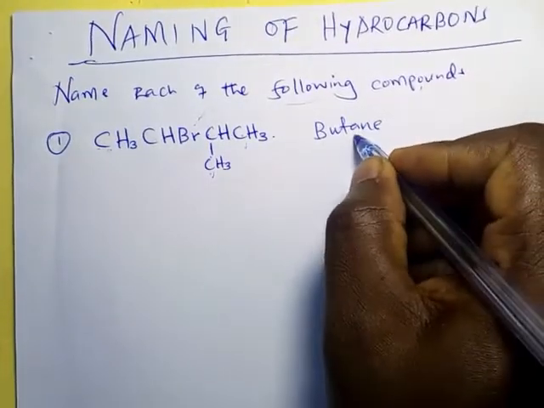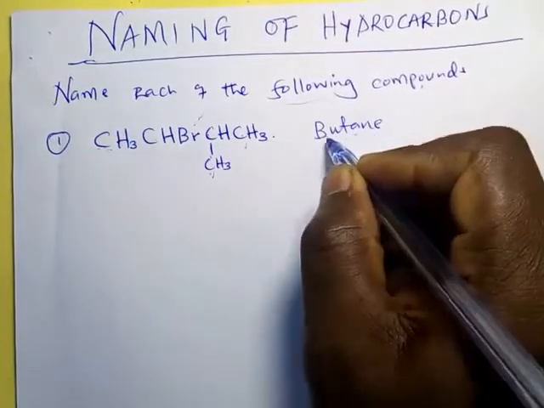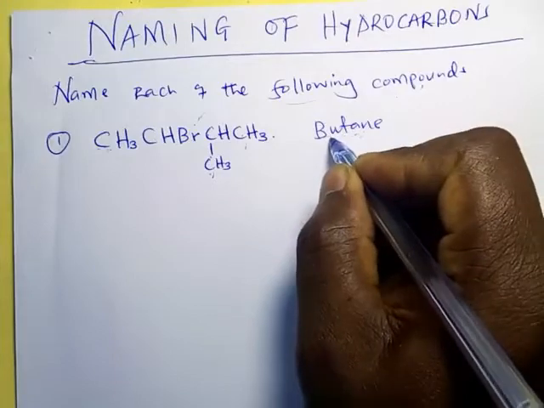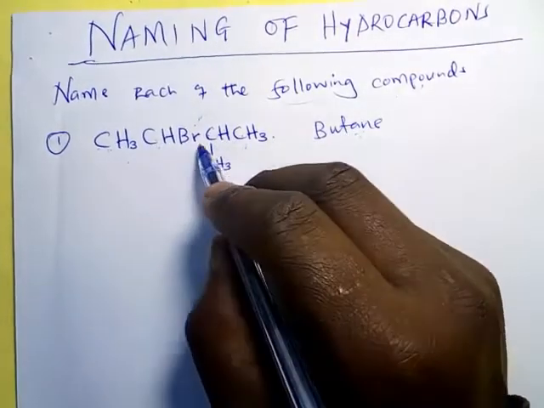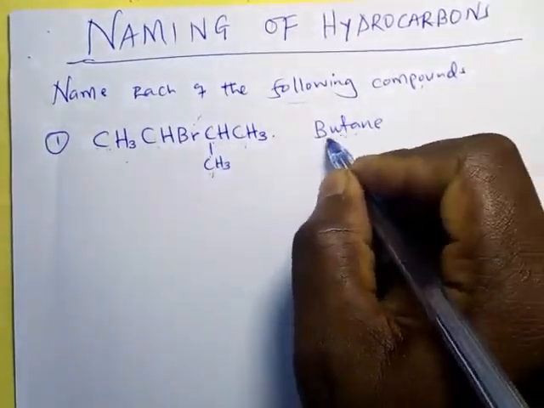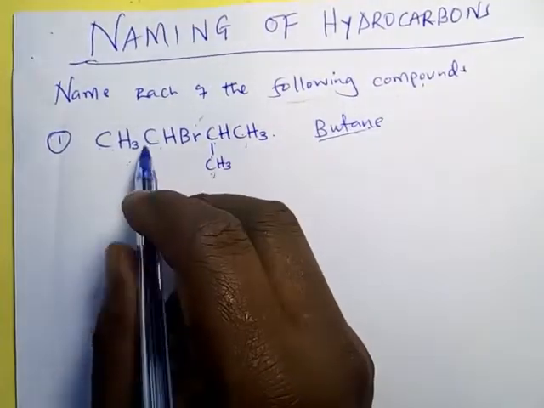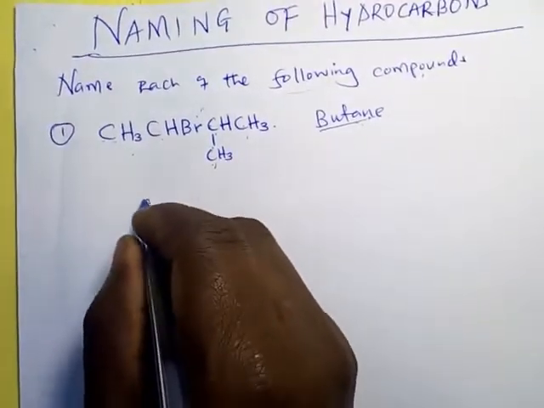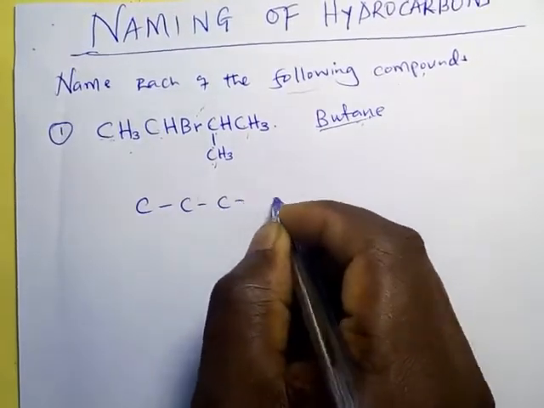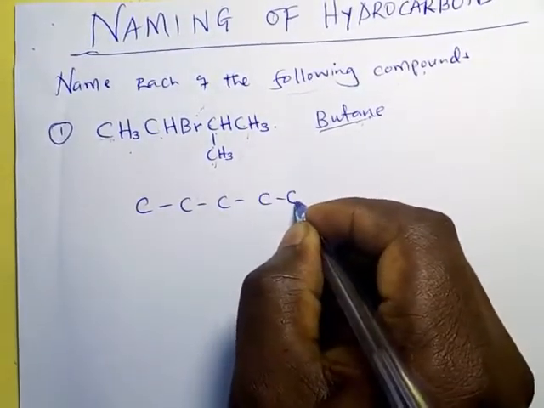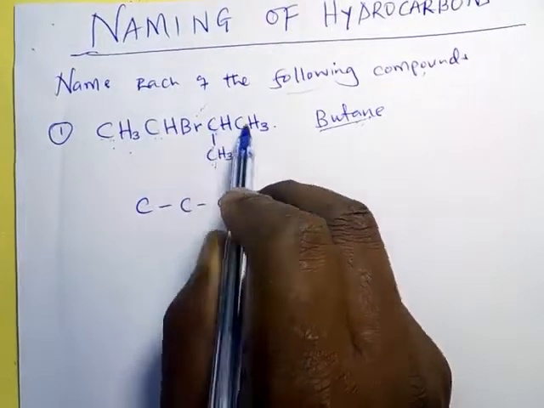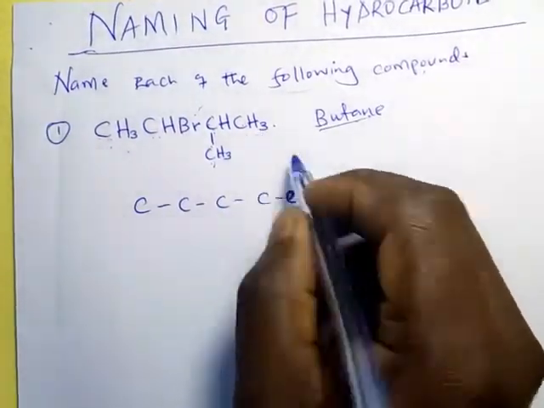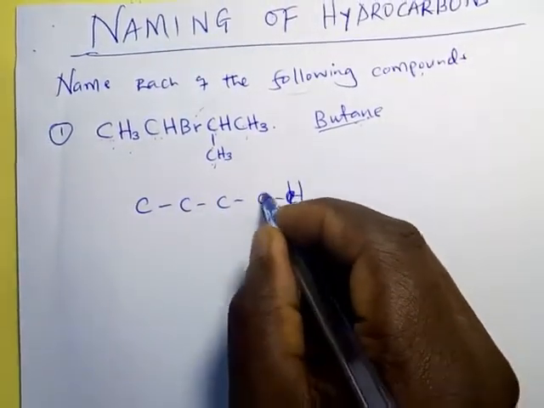So it can be butane, butene, or butyne. But the parent has 4 carbon atoms, therefore we can call it butane for now. So let us write the structural formula for this. That is carbon 1, 2, 3, 4. There are 4. And then here we have hydrogen.